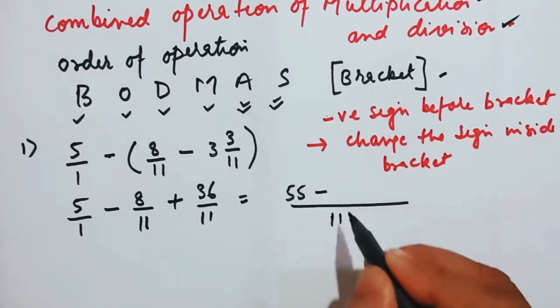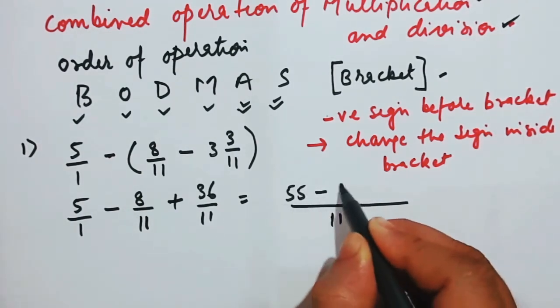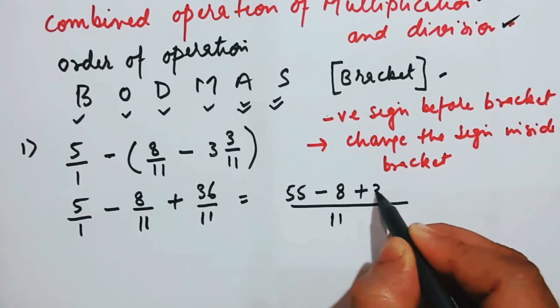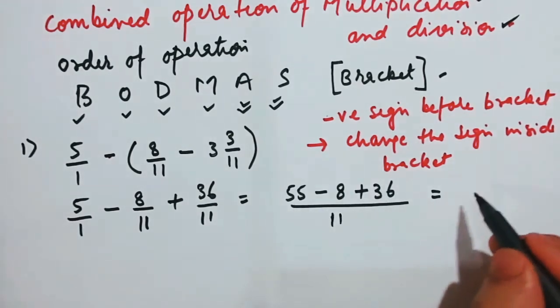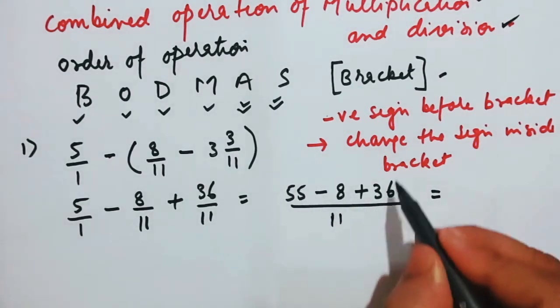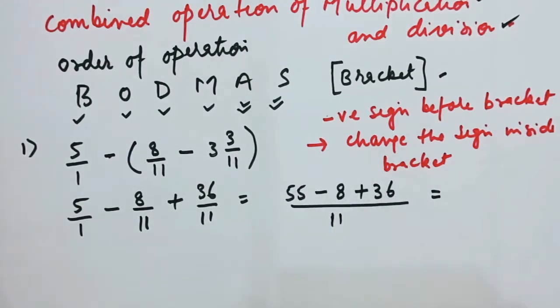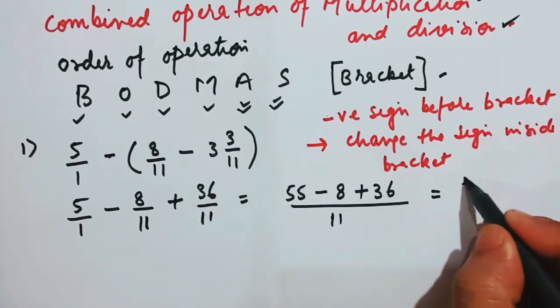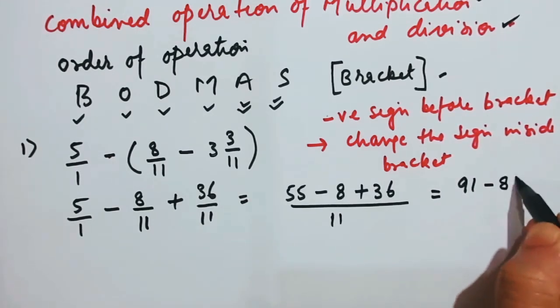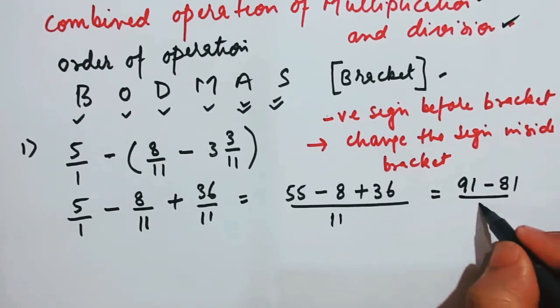55 minus 8 and plus 36. 55 plus 36 is equal to how much? As I had told you, you add all the positive signs and all the negative signs. So 55 plus 36, how much? 91 by 11.